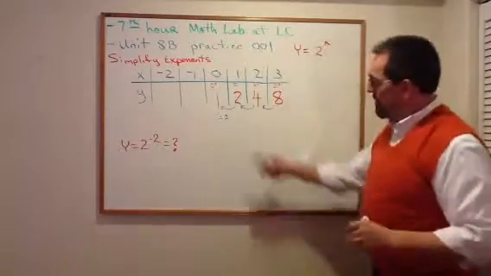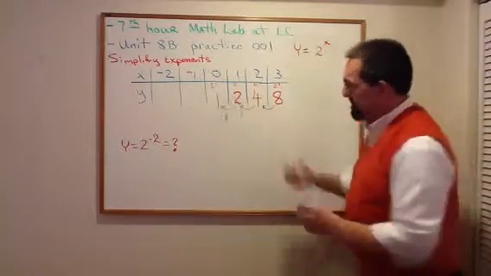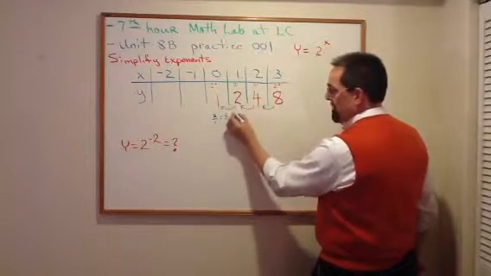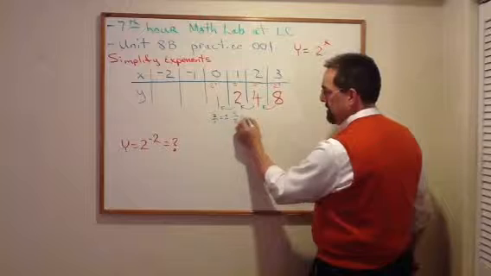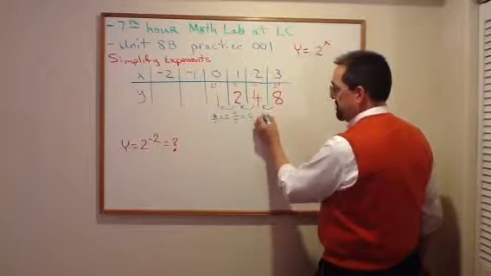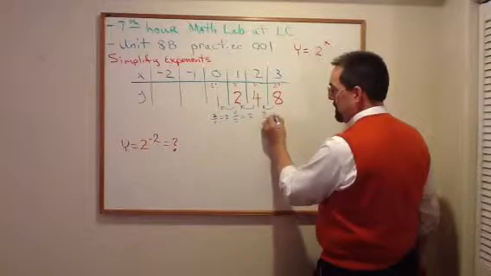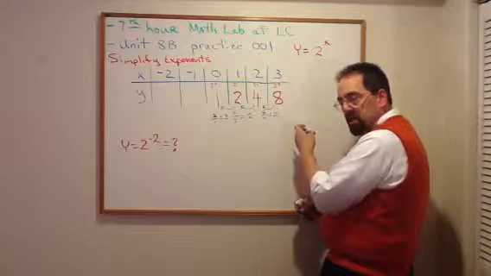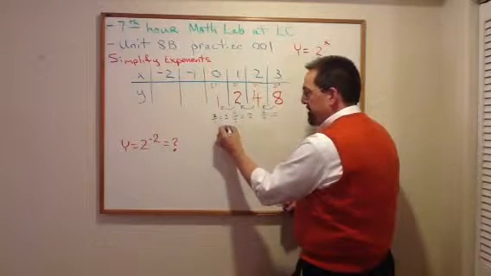I wrote it upside down. We wanted to take 2 divided by the 1. Nice. 4 divided by 2. Yeah? 2. 8 divided by 4. It's 2. So if we were going this direction, every one is multiplied by 2.